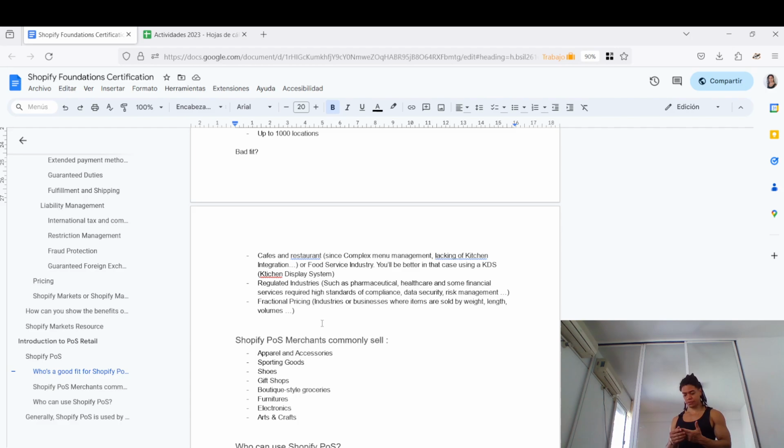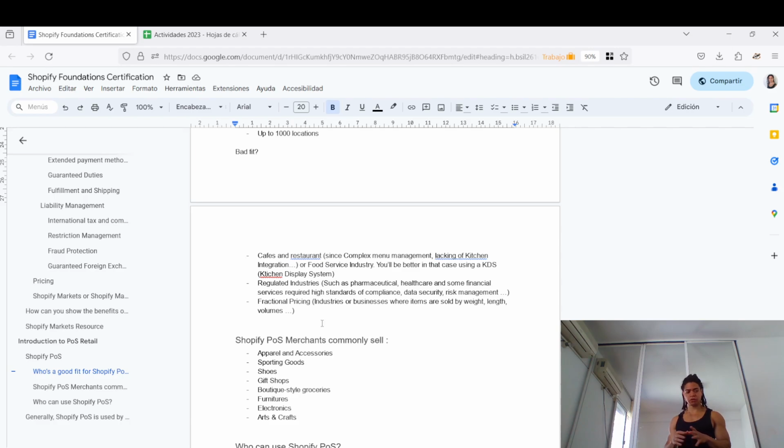And also businesses that sell with fractional pricing, meaning those who sell items by weight, length, volume, this is not a good fit for them.